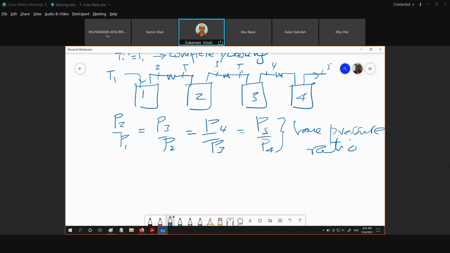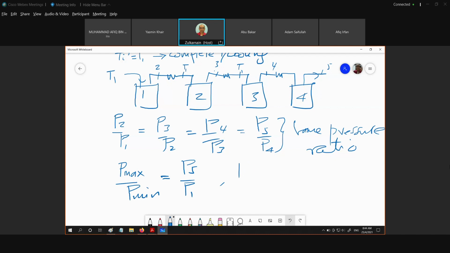So our overall pressure ratio should be P max per P min, and our P max right now is P5. P min kita adalah P1. Dan kalau kita ada same pressure ratio, jadi sini adalah P5 per P1.